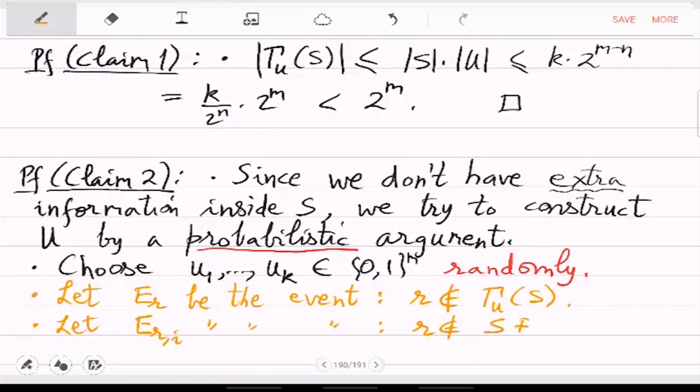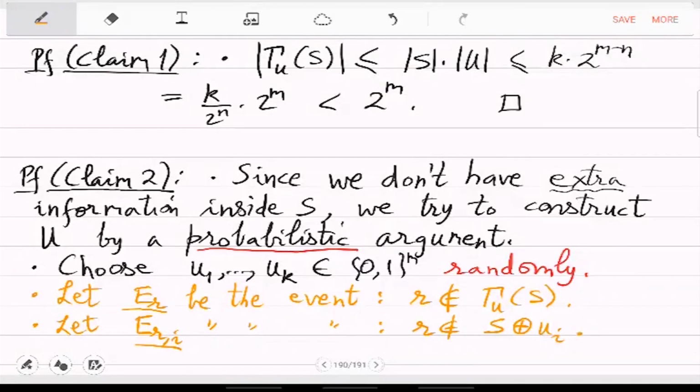So R is not in S plus UI. S plus UI is every element in S you are adding, you are XORing with UI bitwise. Okay, so basically we are interested in the probability of this bad event, that a vertex R is not a neighbor of S.